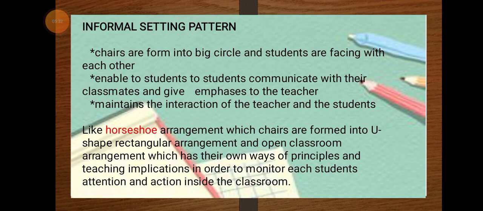Like the horseshoe arrangement, where chairs are formed into a U-shape, the U-shape rectangular arrangement, and the open classroom arrangement, which have their own principles and teaching implications in order to monitor each student's attention and action inside the classroom.